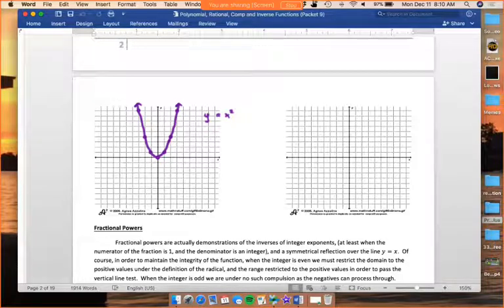Now, if I were to raise that exponent a little bit, but keep an even number, we'll skip up to x to the fourth. As I mentioned, we're still going to have that intersection at the origin. It's always going to be there.